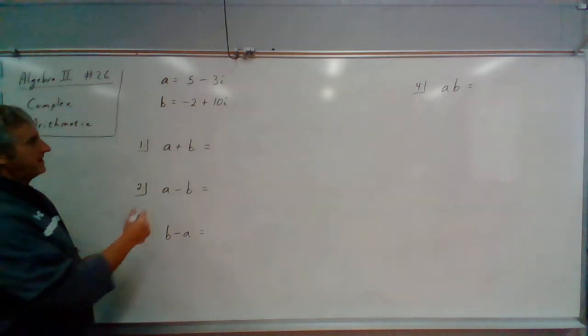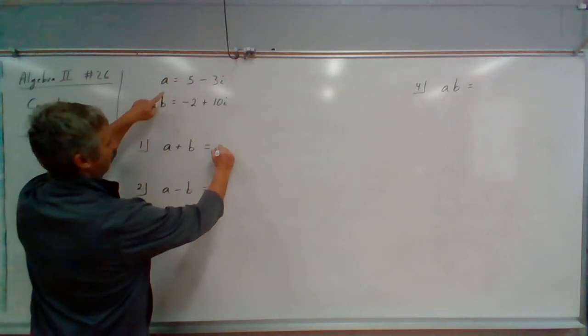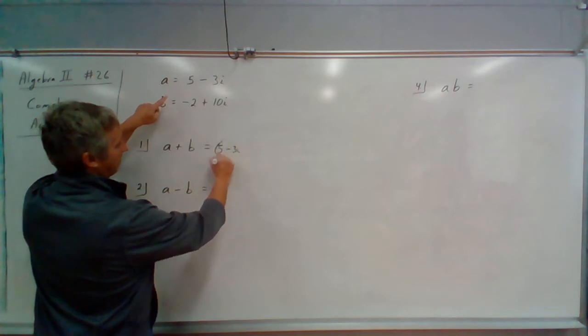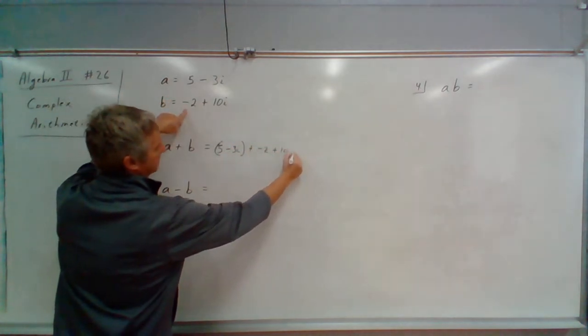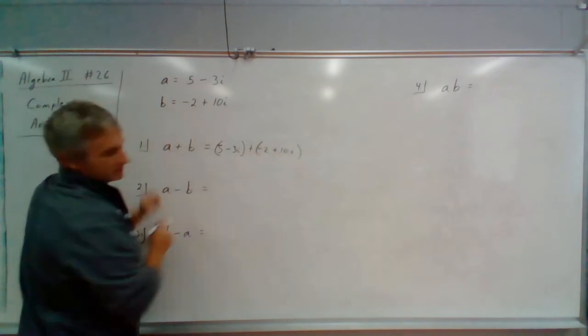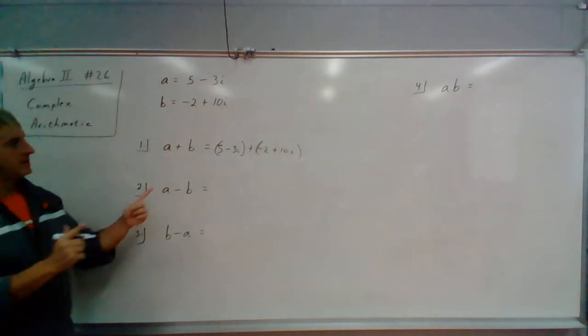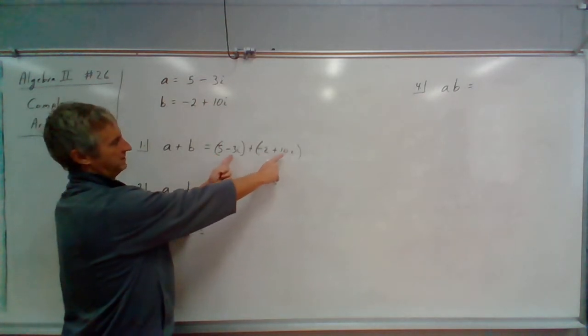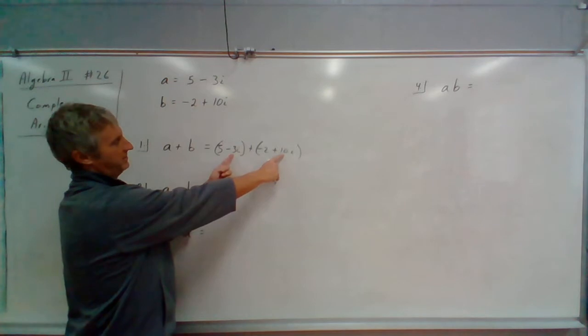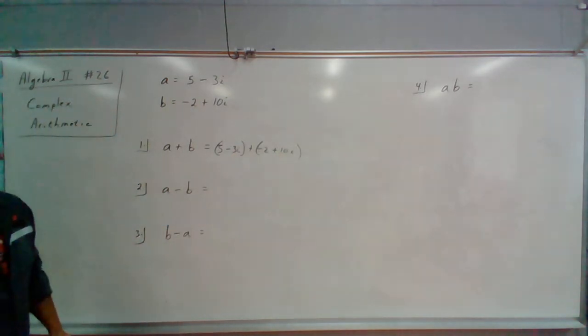So to add, 5 minus 3i plus negative 2 plus 10i is really simple. We're just going to define it to be the sum of the real parts plus the sum of the imaginary parts.